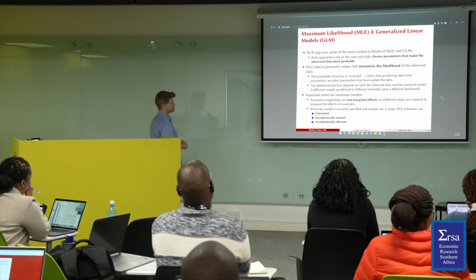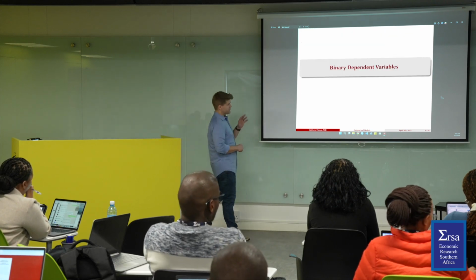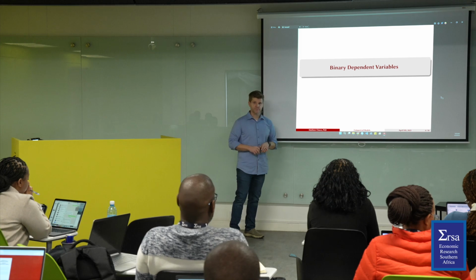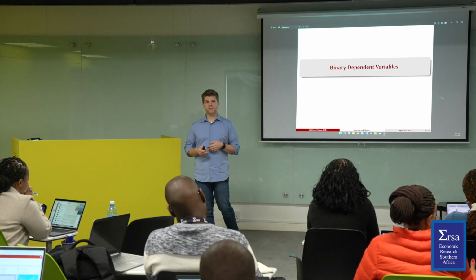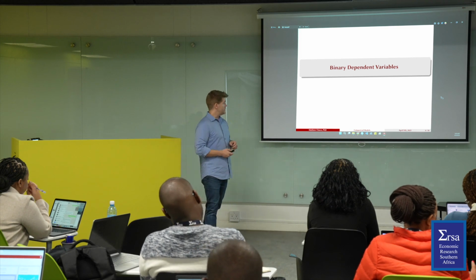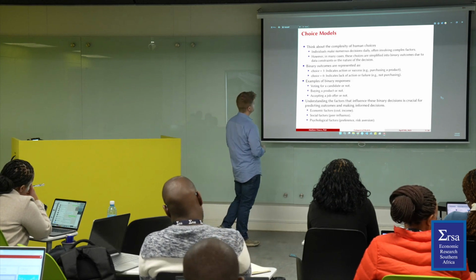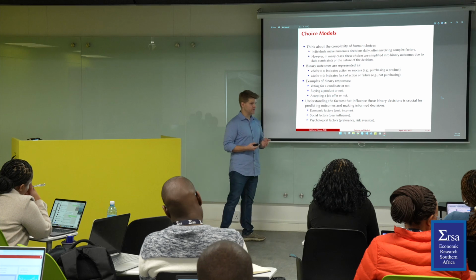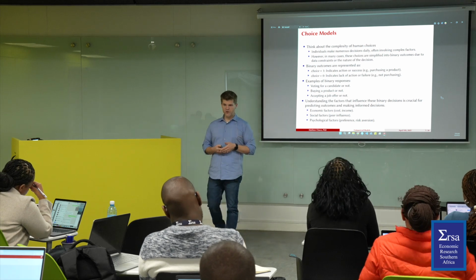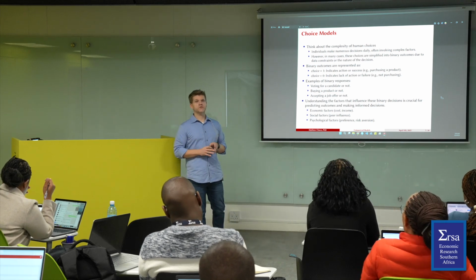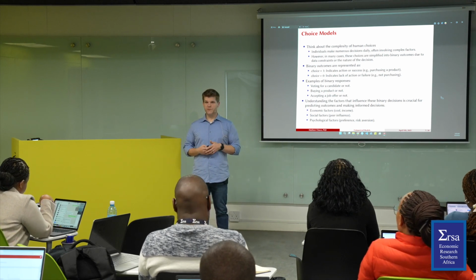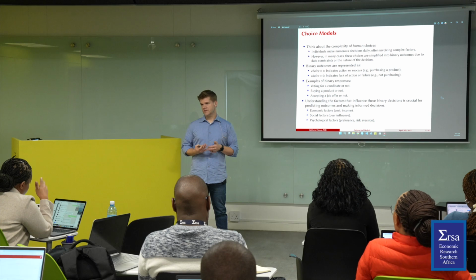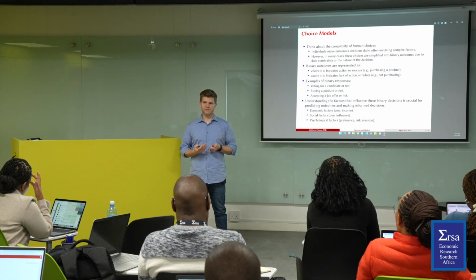So that's sort of where we're going today and how we'll be thinking about these models. We're going to start off with the binary dependent. Most of you have said that you know a little bit about those models. The ones that we focus on typically are going to be the logit and probit. Those are not your only choices. Okay, these are symmetric distributions, but there are additional ones that are considered asymmetric.